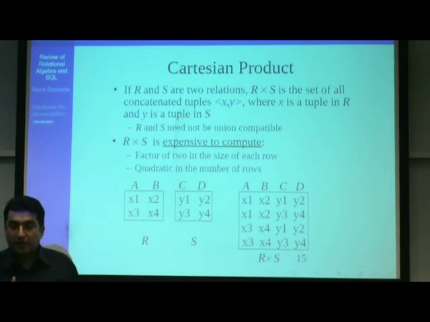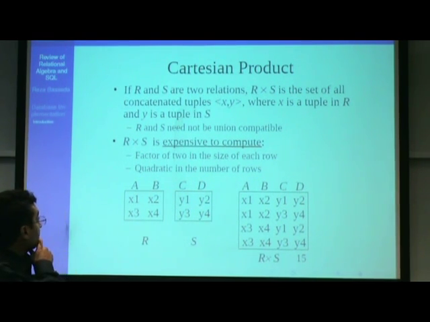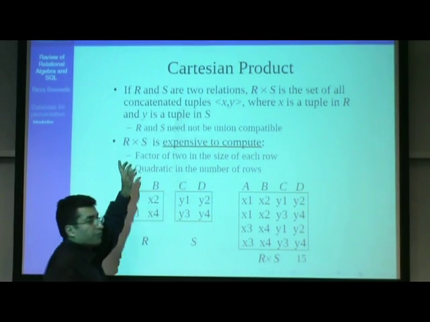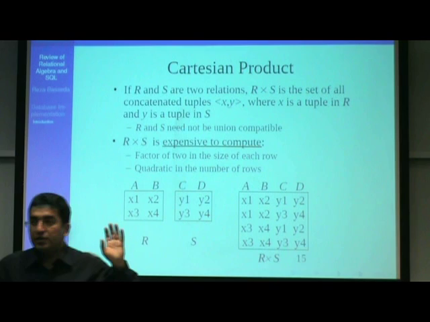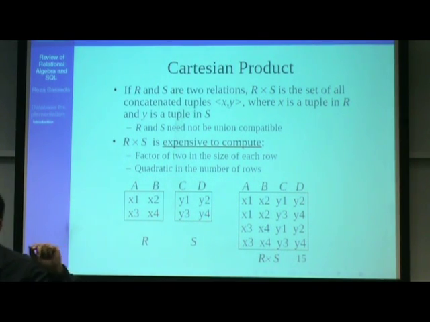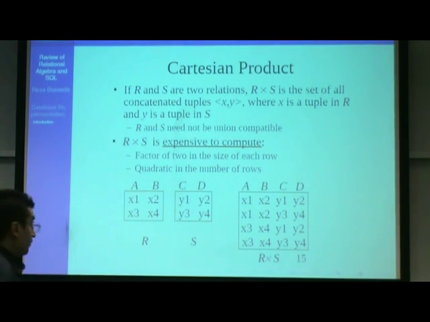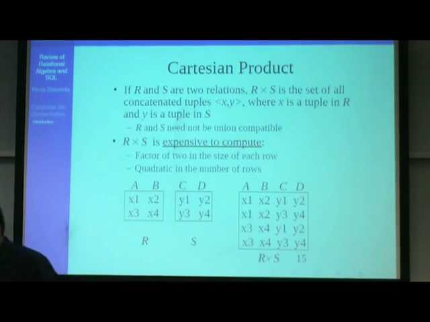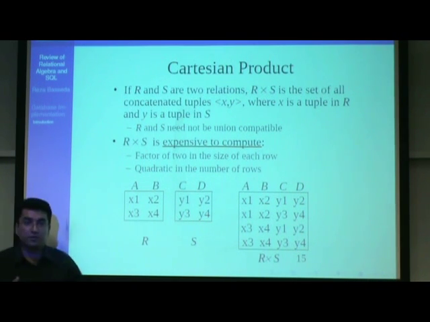But the most important part is this. The Cartesian product is a very heavy computation for all DBMS systems, and it's very expensive to compute. Why? What's the order of the computation of this?